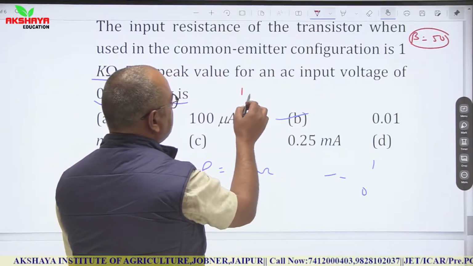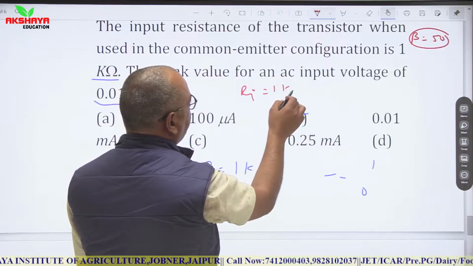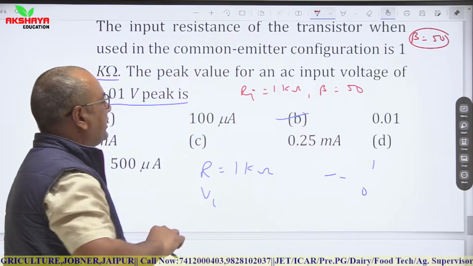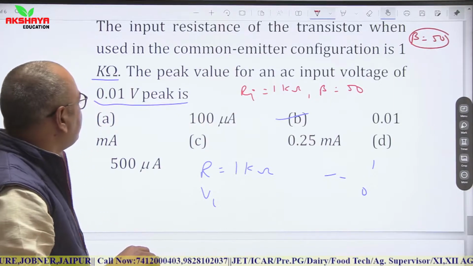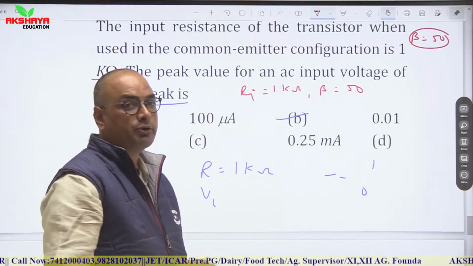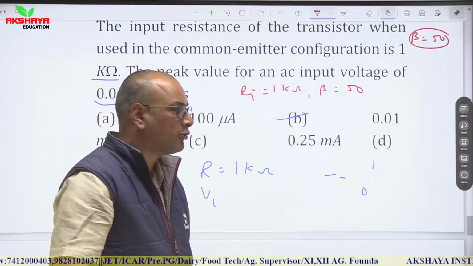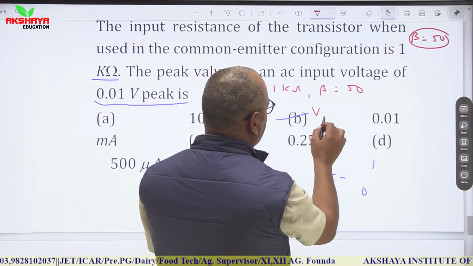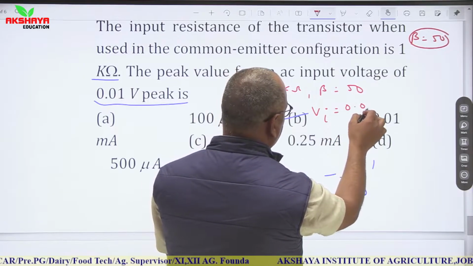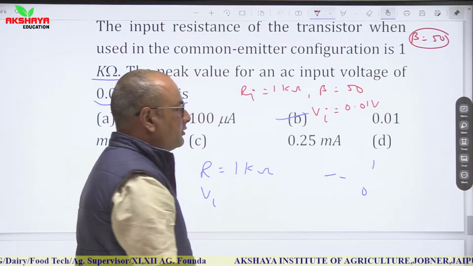So input resistance is given as 1 kilo ohm, beta is given as 50, and we have to find the peak output voltage for an AC input voltage of 0.01 volt peak. So VI is given as 0.01 volt and we have to calculate VO.